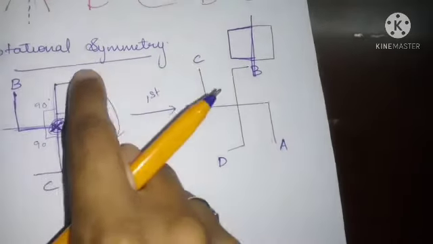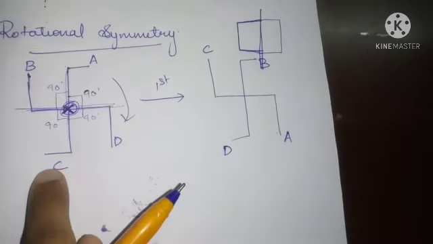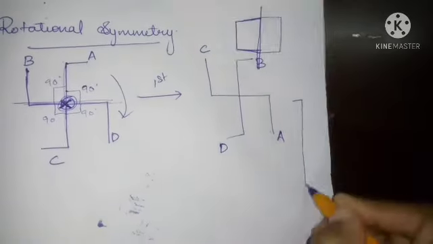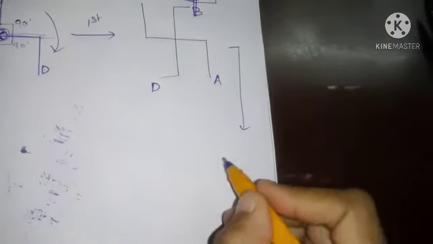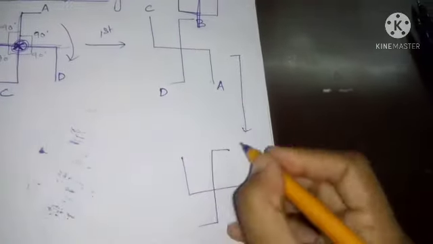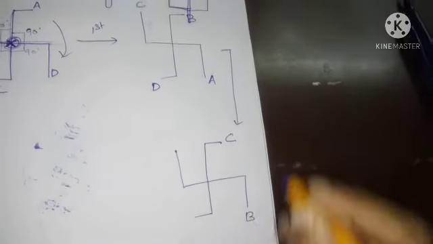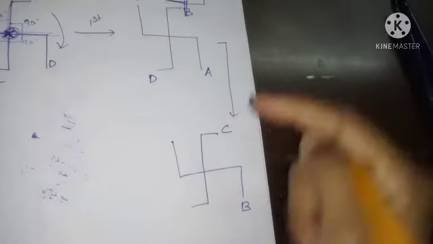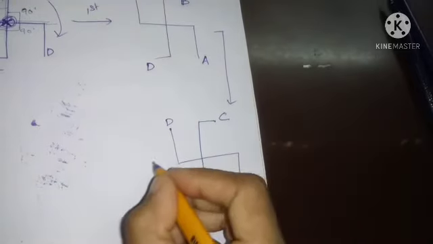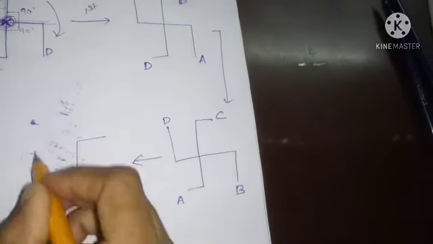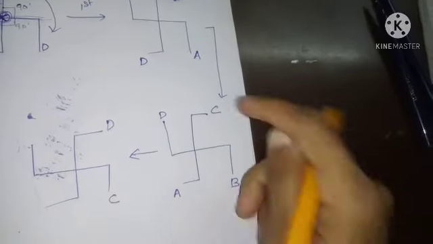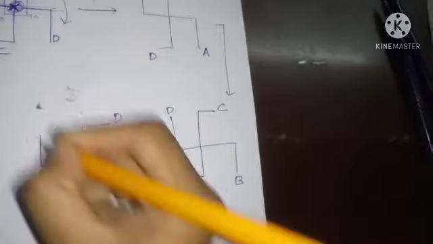Next, second rotation: C will go down, B will go left side, A will go up... then again here, D will go here, C will go down, B will go left side, A will go up.